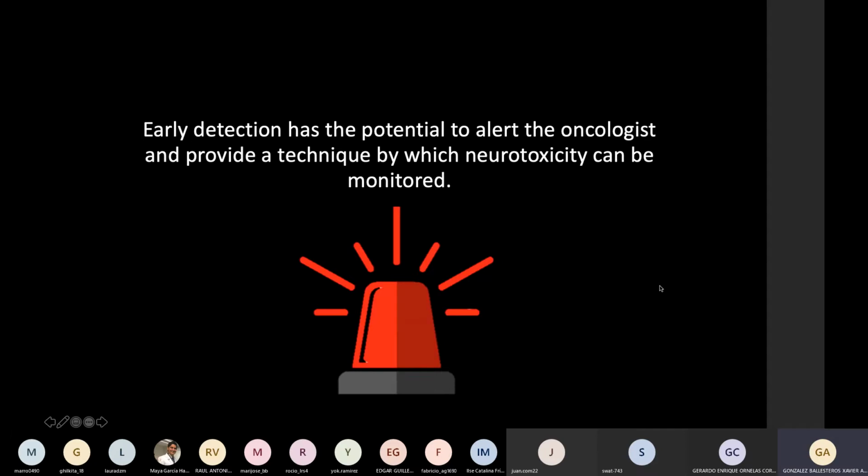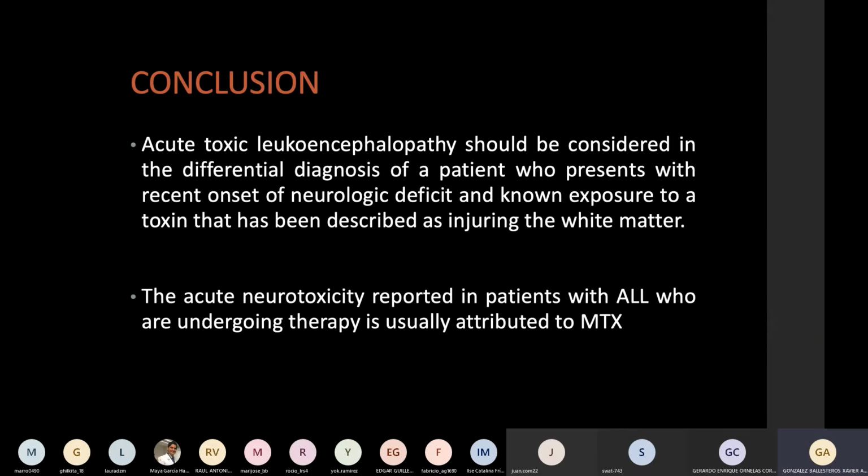So early detection of methotrexate white matter injury by ADC has the potential to alert oncologists to this event and provide a technique by which neurotoxicity can be monitored. As a conclusion, although multiple drugs are used in addition to methotrexate, the acute neurotoxicity reported in patients with acute lymphocytic leukemia who are undergoing therapy is usually attributed to methotrexate.